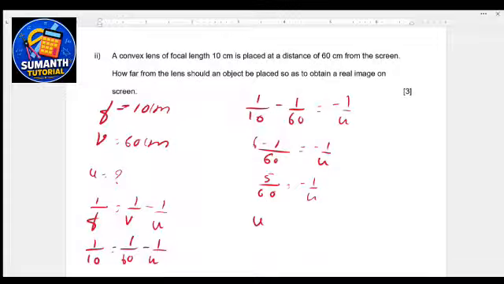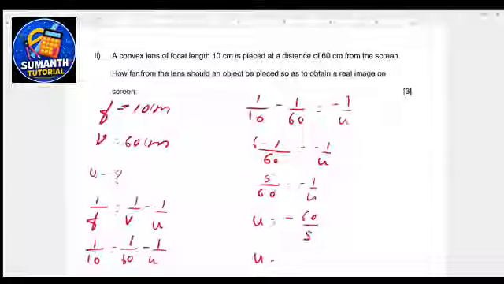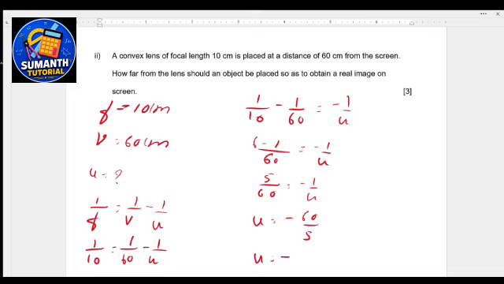Right? Or U is equal to minus 60 by 5, and 5 12s are 60, right? So it is minus 12 centimeters. See here how easy it is. So here one thing, whenever you are gonna have the question based on your U, V and F, one thing is sign convention.